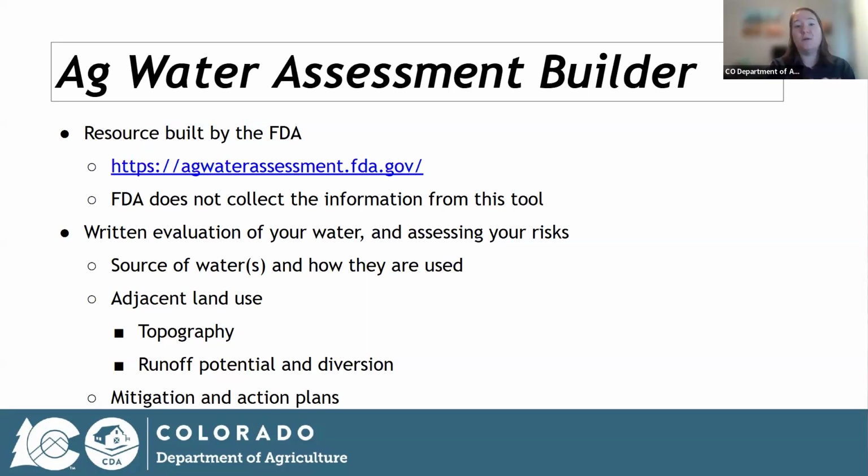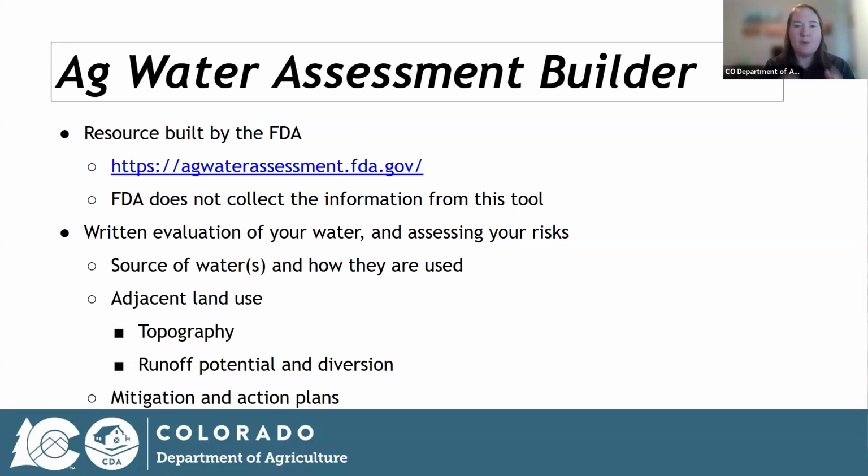Now, something that I do want to emphasize that I haven't up to this point is you do have to do an ag water assessment on each pre-harvest ag water source you have. So if you are a large farm and you have multiple areas and they use multiple wells or multiple different surface water sources, you would have to do an assessment on each one of those because you're supposed to be mitigating the hazards for that water specifically.